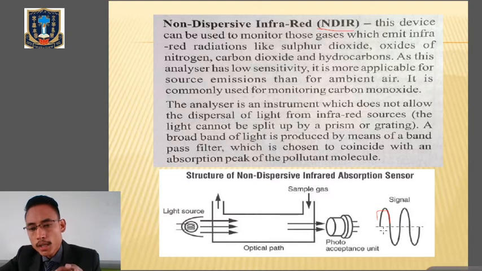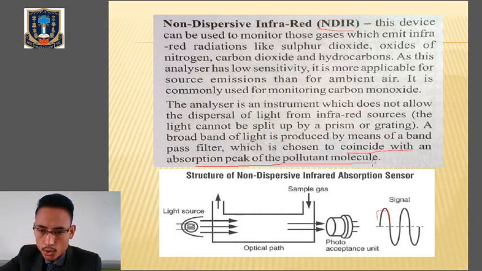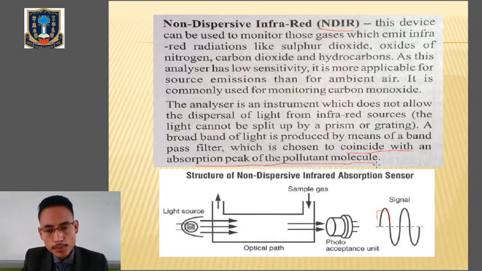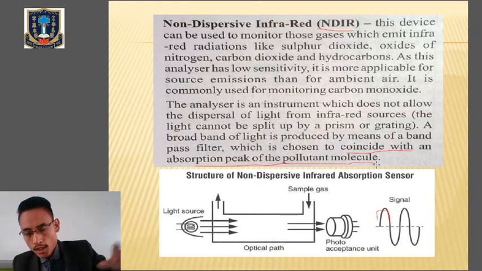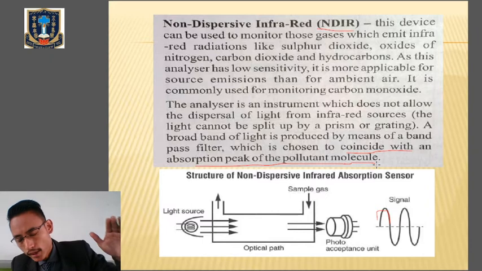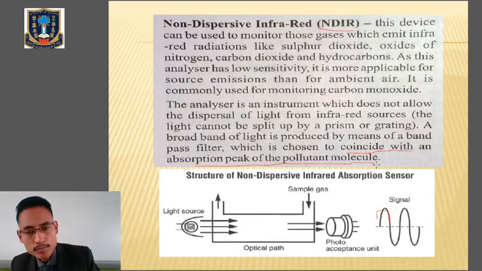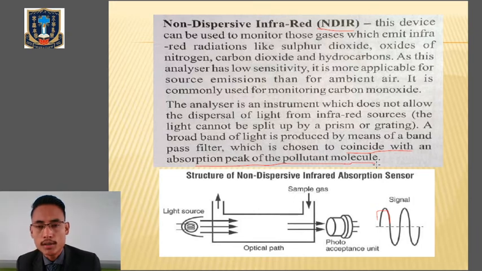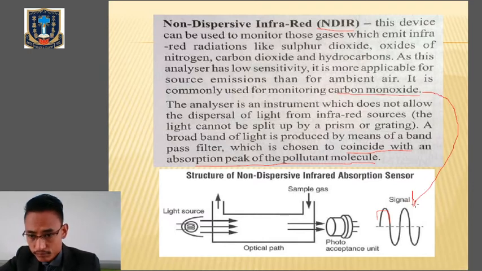So the absorption peak of the pollutant present in the gases has to coincide with that of the pollutant molecule. If the two absorption peaks coincide, then we can say that particular type of pollutant is present in the gases. Let's say this is the absorption peak of carbon monoxide, which we have already analyzed.